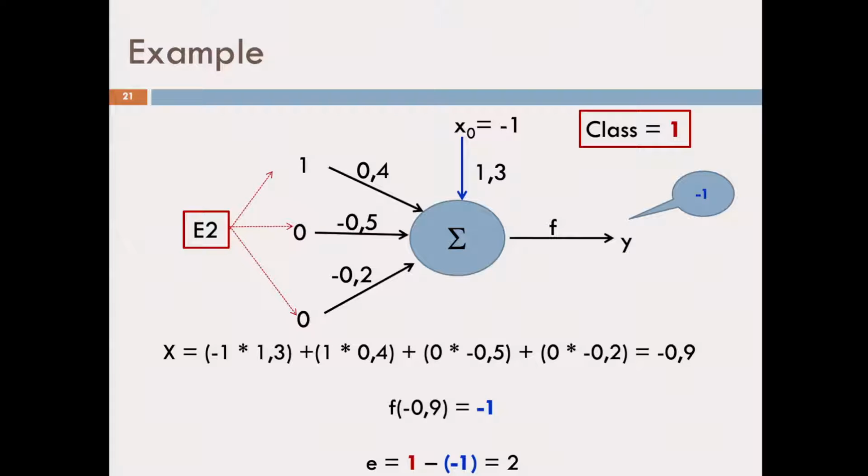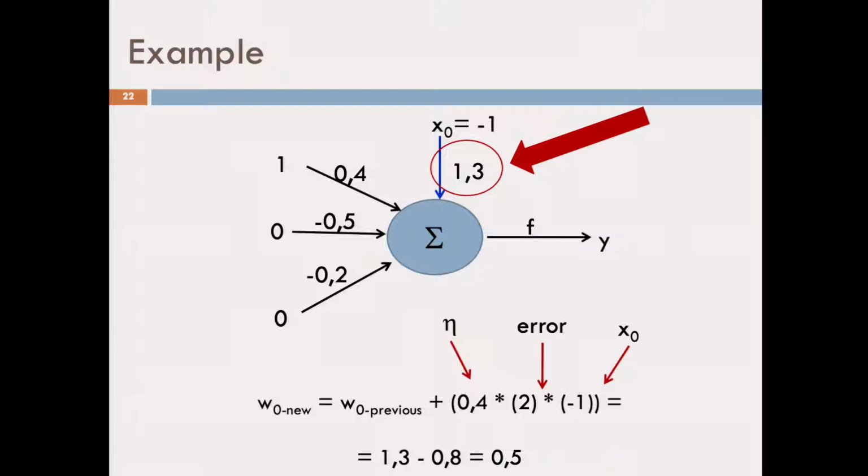We are still in the first epoch. We are going to get the next instance of our data set, and we are going to do the same thing. We are going to calculate the output. The output in this case, with the new weights, is minus 0.9. So the sign of minus 0.9 is -1. We calculate the error, desired output minus predicted output. So we have the error value equal to 2. Now we have to use this error value to correct these weights, and we are going to do the same thing we did before.